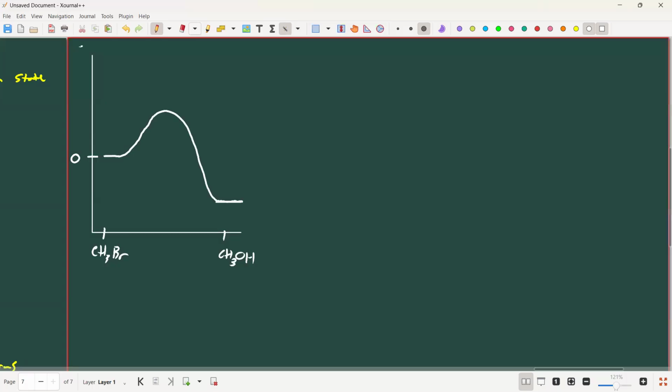Okay. So I'm not going to do delta G. I'm just going to call this E. All right. This is some intrinsic energy of the molecule.